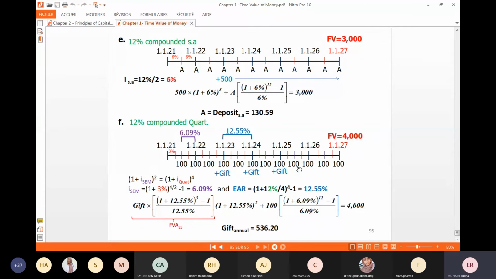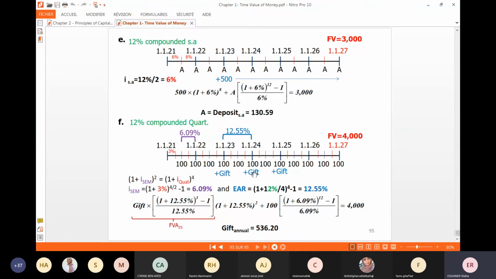So the first one will occur on 1/1/2023, second one on 1/1/2024, third one 1/1/2025. The obtained amount on 1/1/2027 must be 4,000. So what will be the future value of all these amounts?